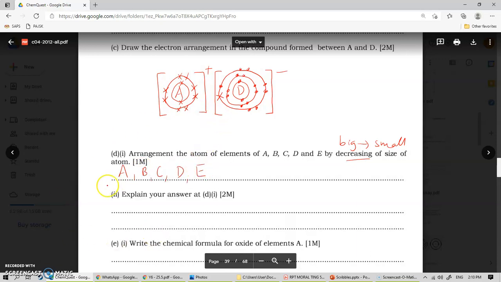Explain your answer. We say that atoms of A, B, C, D, E have 3 shells filled with electrons.